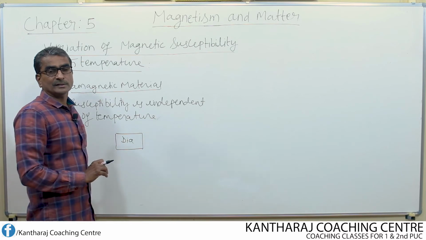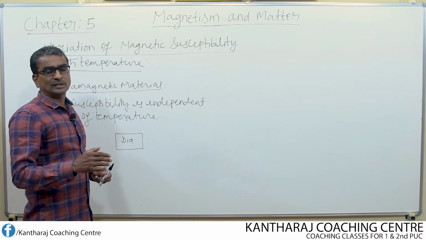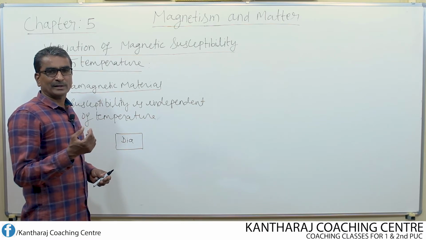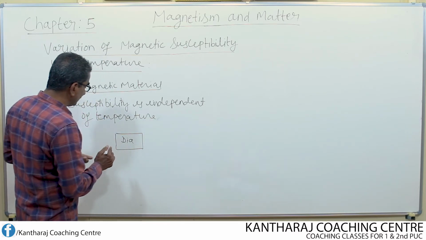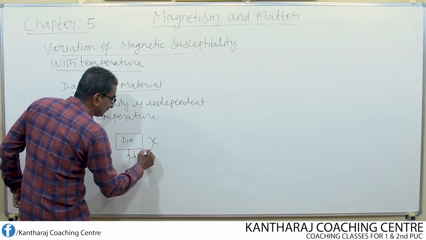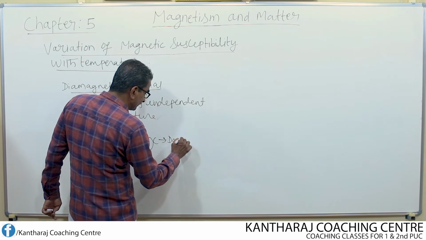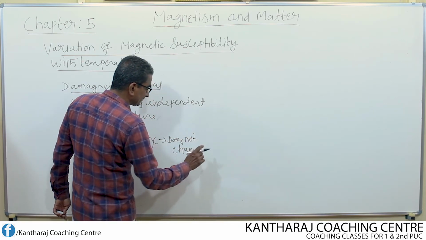So there are too many diamagnetic materials: gold, silver, copper, quartz, diamond, all these are diamagnetic materials. If you heat this diamagnetic material, then its susceptibility represented by chi does not change, it remains as it is.